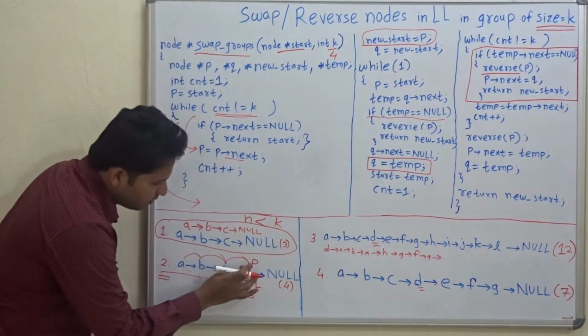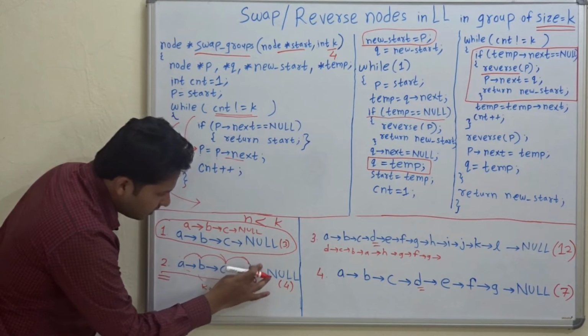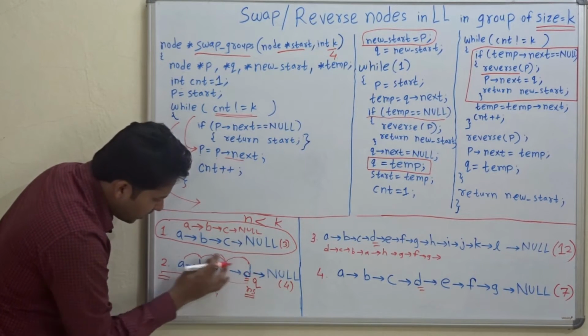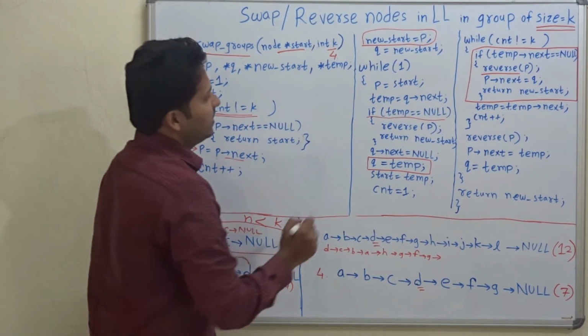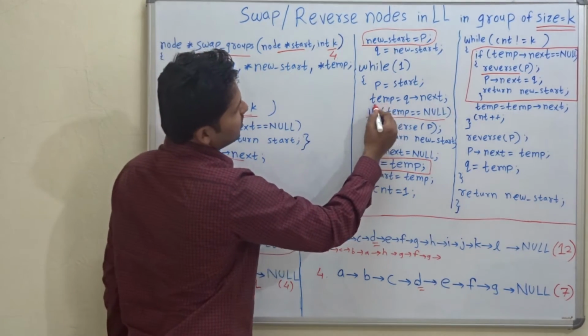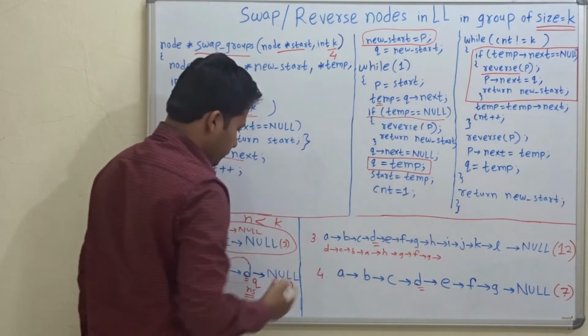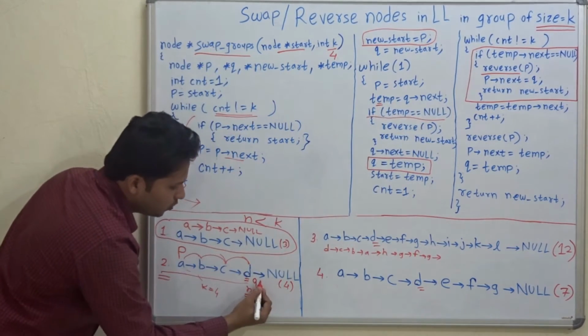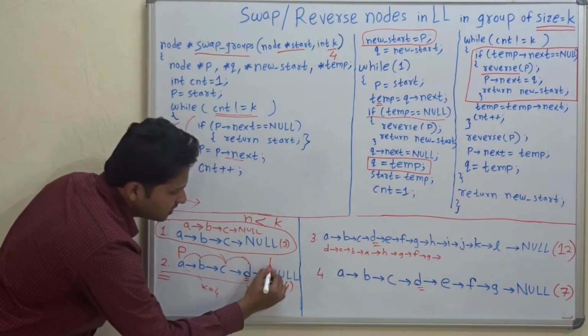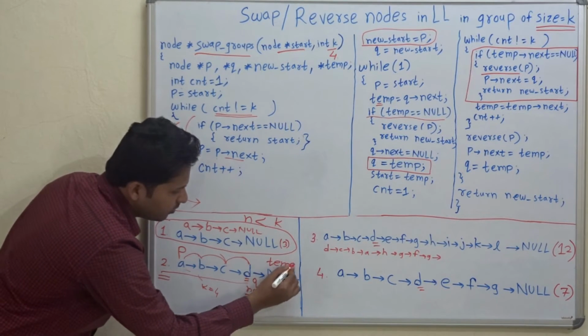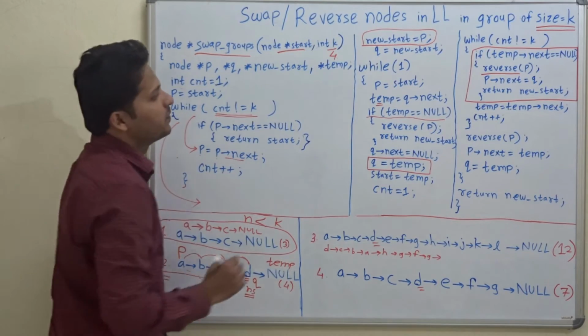So the P which was pointing here will again point to start now, and the temporary variable temp will point to the next node of Q. Q is pointing to D, so the next node of Q is null. So temp will become null.